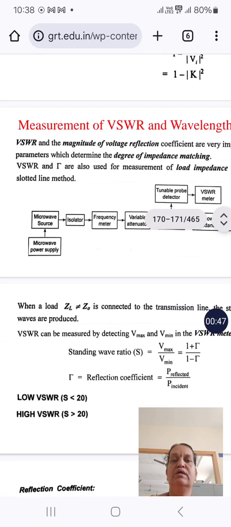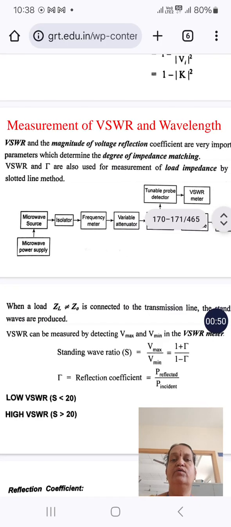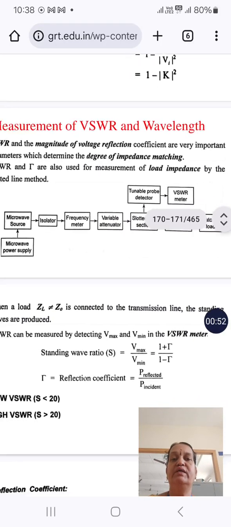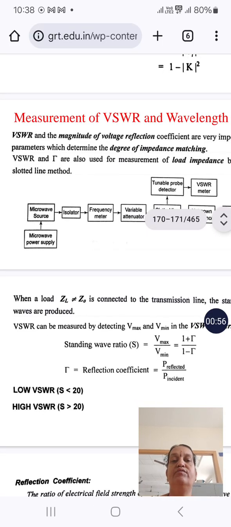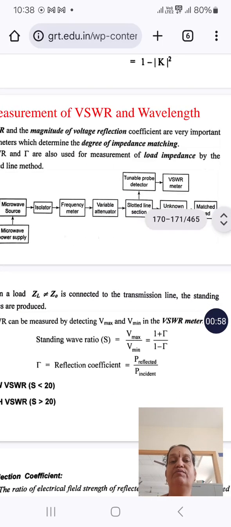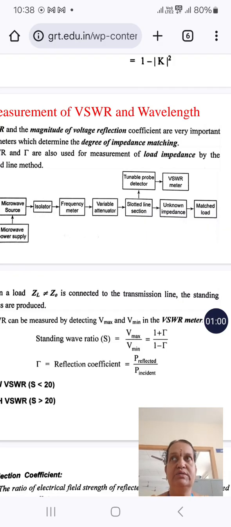VSWR and the magnitude of the voltage reflection coefficient are very important parameters which determine the degree of impedance matching. You can imagine a transmission line as a pair of wires through which the signal is transferred. The transmission line can be of any length, even a kilometer.